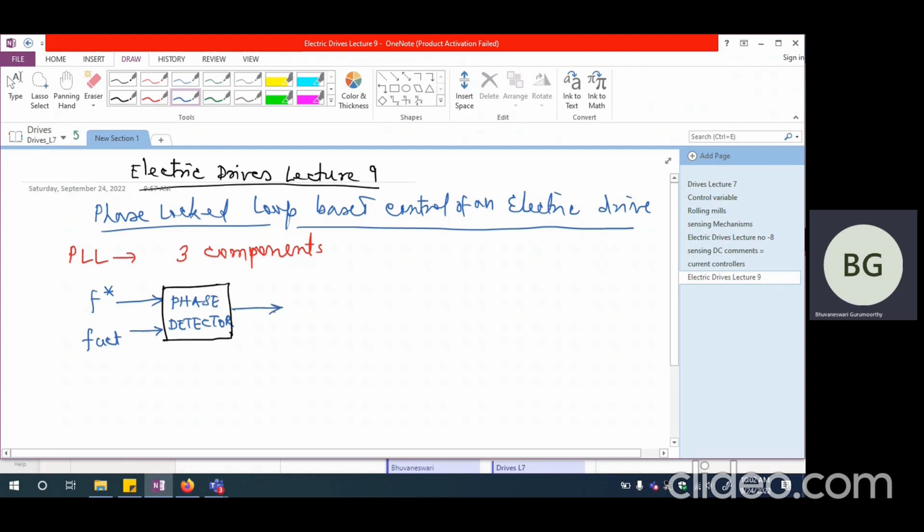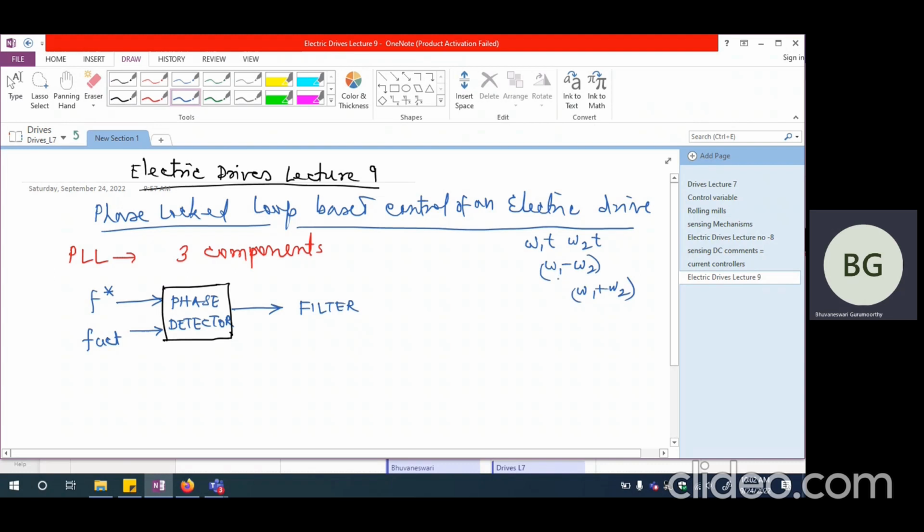Now the phase detector goes to a filter. The filter is going to filter out any of the high frequency components. When you talk about multiplier, very clearly, if I have omega 1 t and omega 2 t signals, we will have omega 1 minus omega 2 as one of the components and omega 1 plus omega 2 as another component.